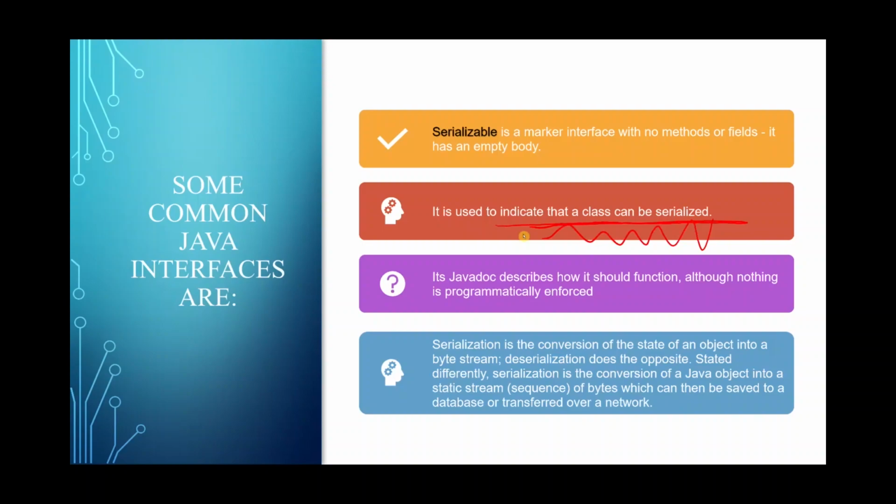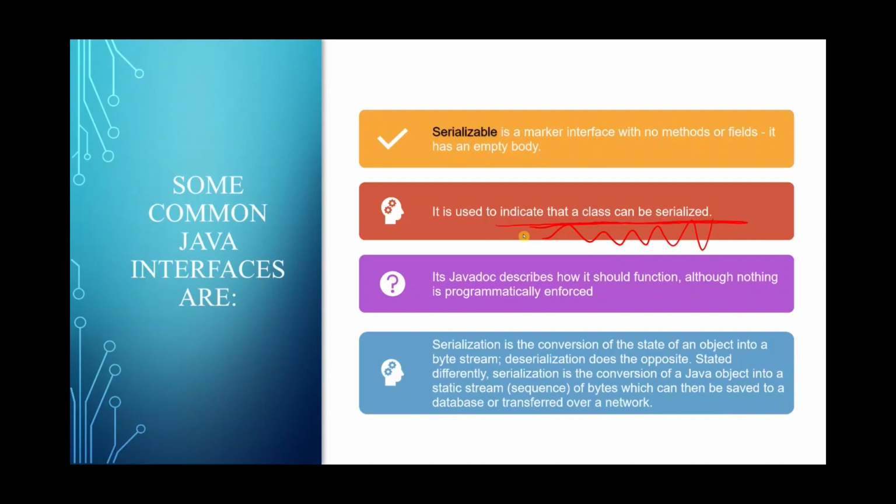The Javadoc describes how it should function, although nothing is programmatically enforced. For example, you can see some comments in there on what your class should be able to do, but it's not actually going to force you to implement a method because it does not have any methods.